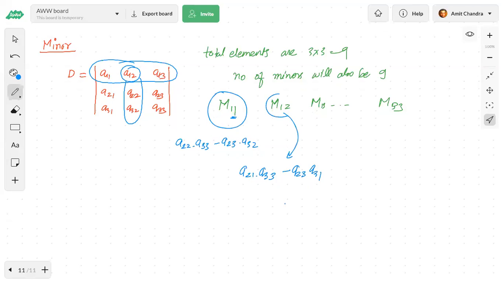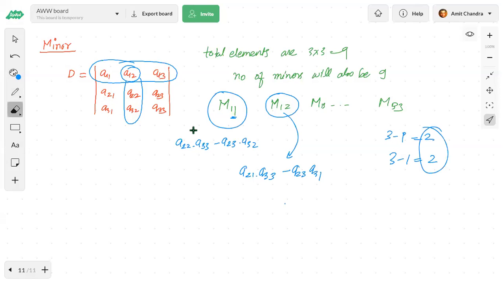I am removing one row and one column. So if one row is removed, 3 minus 1, 2 rows are left. One column removed, 2 columns are left. So you will again get a square matrix inside, and you can find the determinant of this.